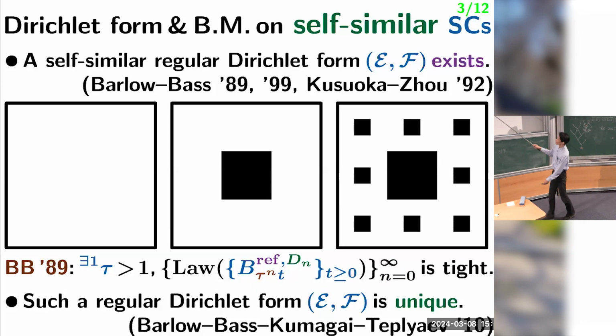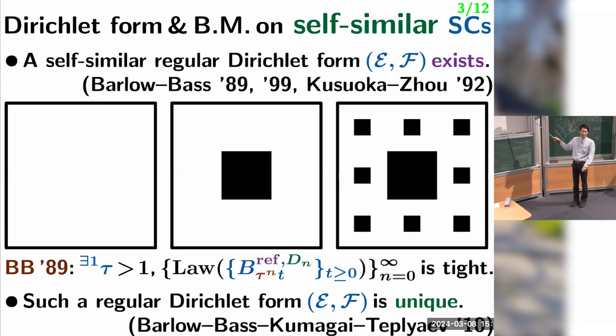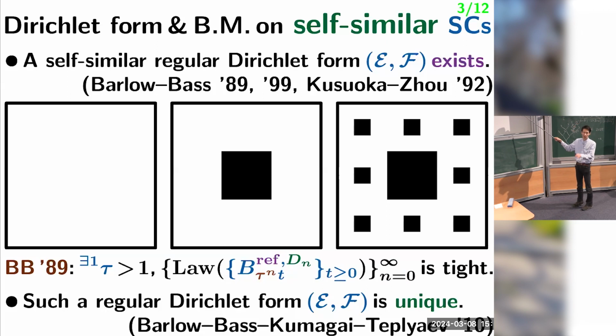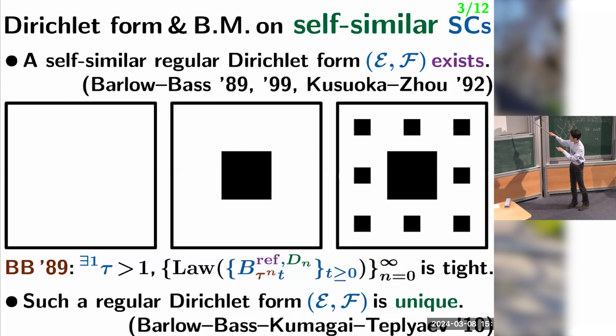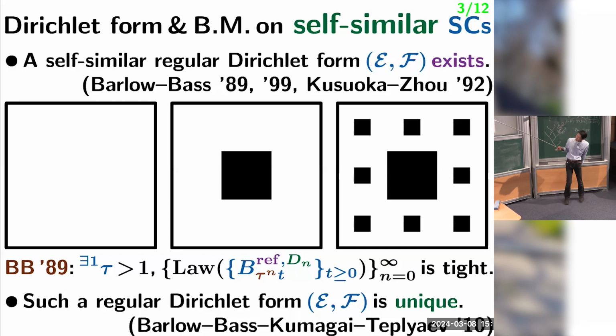Okay, and again in this picture, since the approximating sequence is just reflecting Brownian motion, the behavior of the diffusion is basically the same everywhere, and no matter which scale you choose, the local behavior of the diffusion is again chosen to be basically the same.